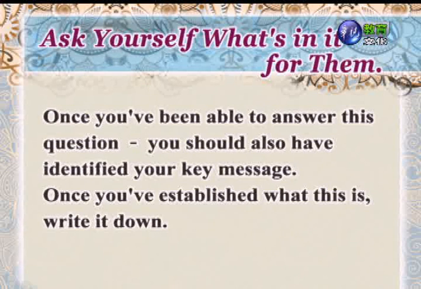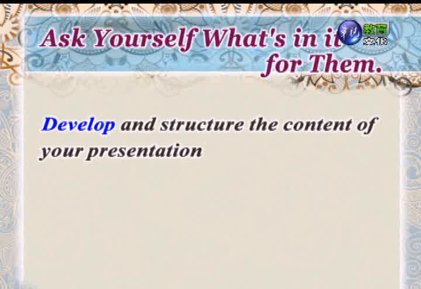Ask yourself, what's in it for them? Once you've been able to answer this question, you should also have identified your key message. Once you've established what this is, write it down. Develop and structure the content of your presentation.